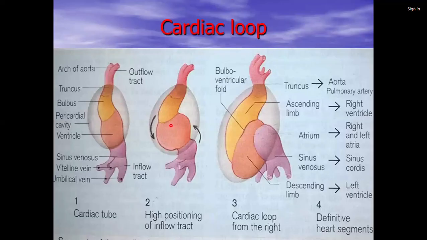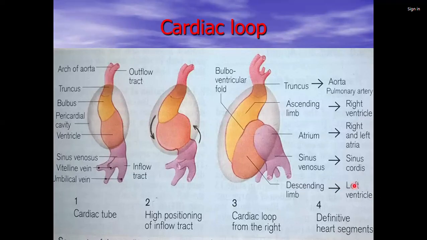We also have looping towards the right. It's a rotational loop towards the right, and this looping towards the right now brings the descending limb of the primitive ventricle that differentiates from the left ventricle.